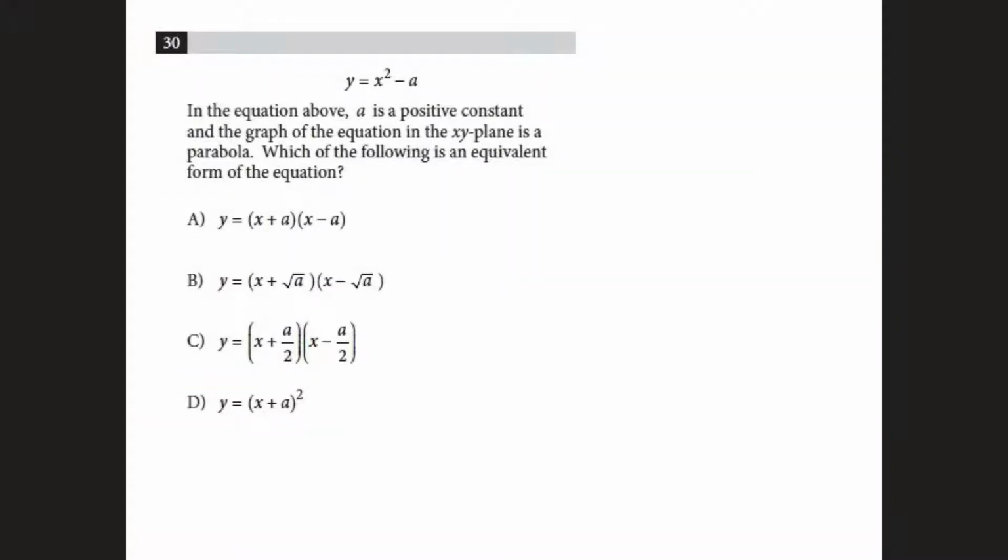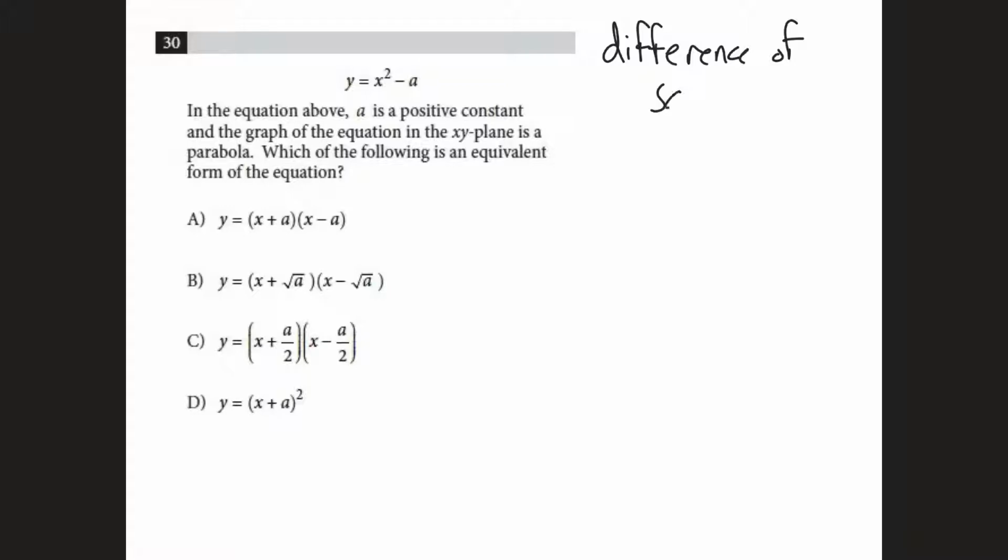30. The equation above, a is a positive constant, and the graph of the equation in the xy plane is a parabola. Which of the following is an equivalent form of the equation? Okay, so you should be pretty familiar with difference of squares.